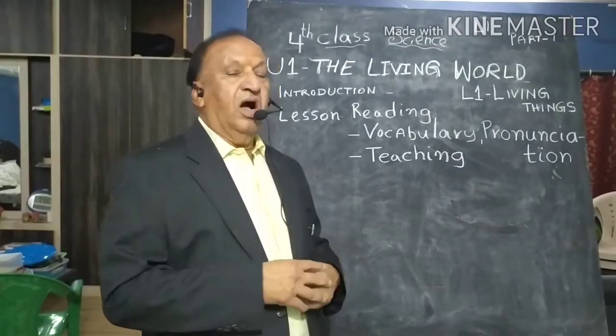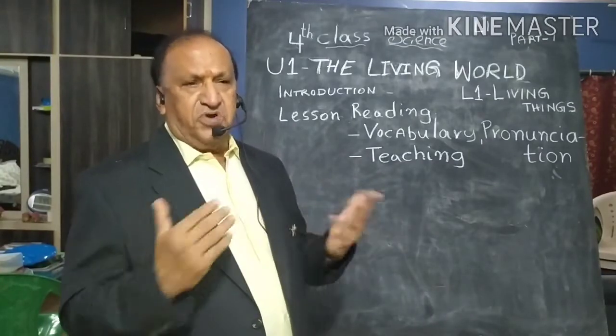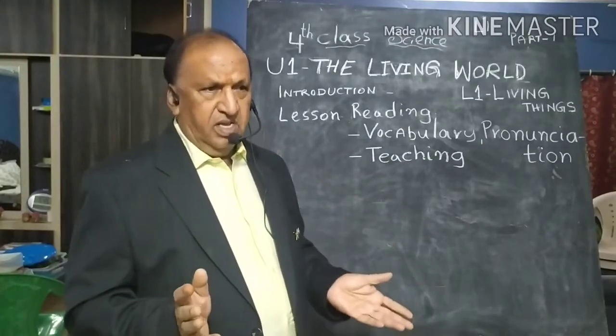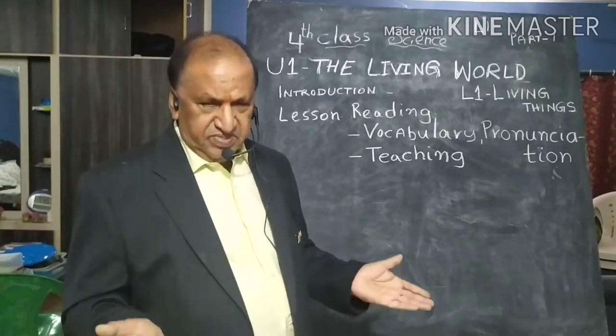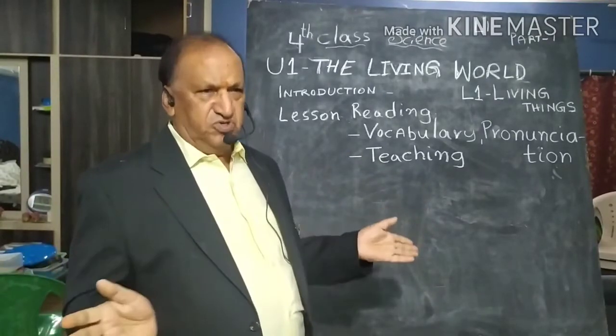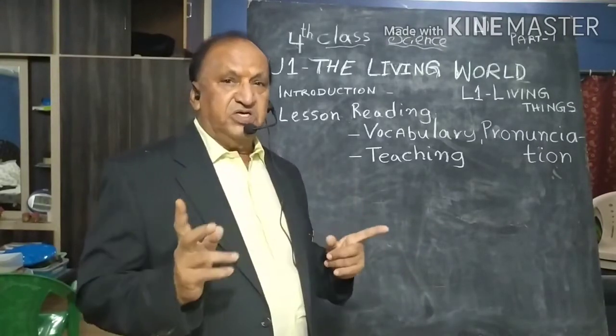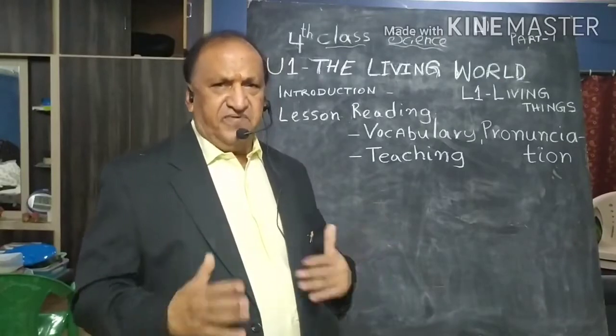Okay. Now, how about reproduction? Non-living things do not reproduce. They do not grow. They do not move. They don't need food and water. The living ones, they reproduce. There are different ways.